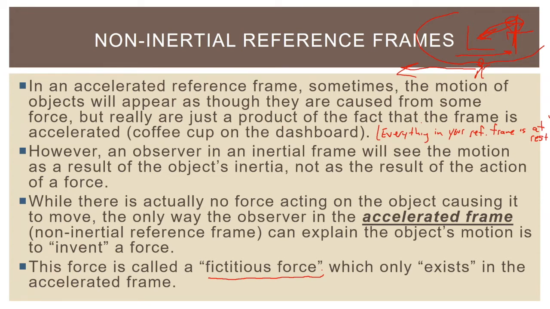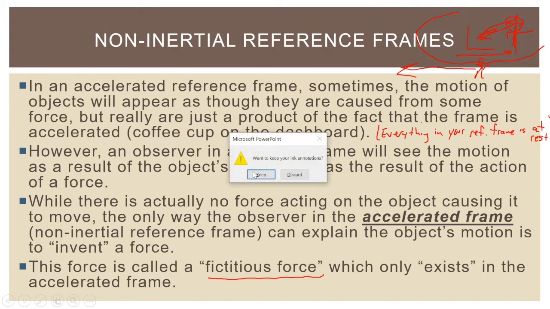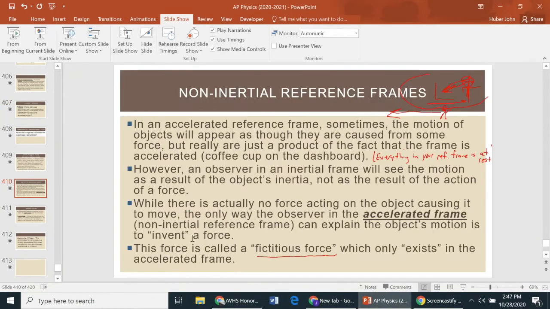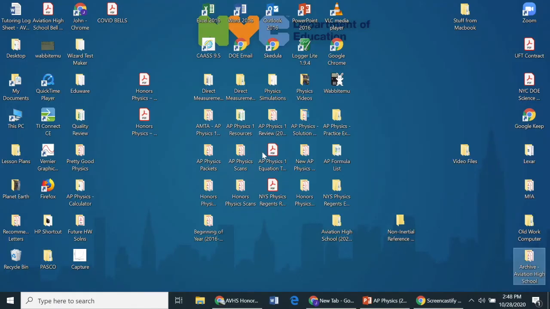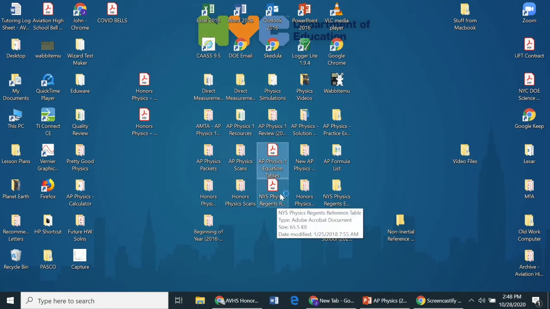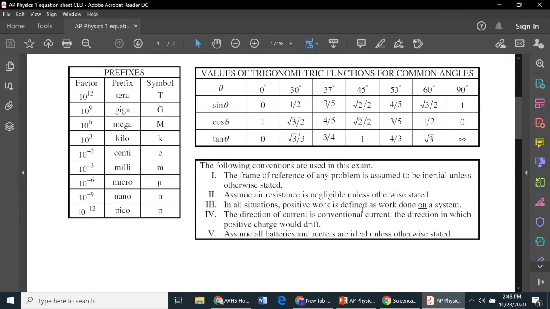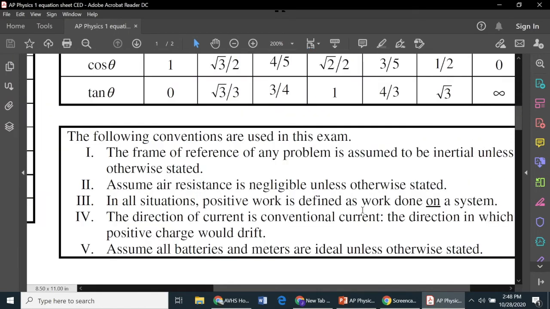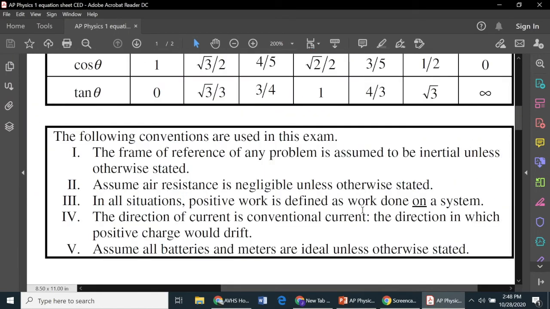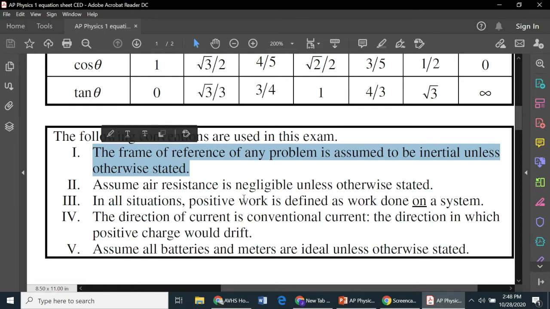But here's the deal. While on the homework solutions that you will see for questions like this, I'm going to explain it both ways, it's very important to realize that one of the conventions on the AP test, the first one, in fact, says the frame of reference in any problem is assumed to be inertial unless otherwise stated.